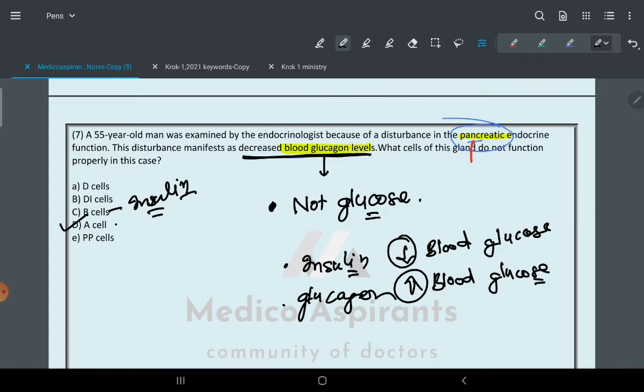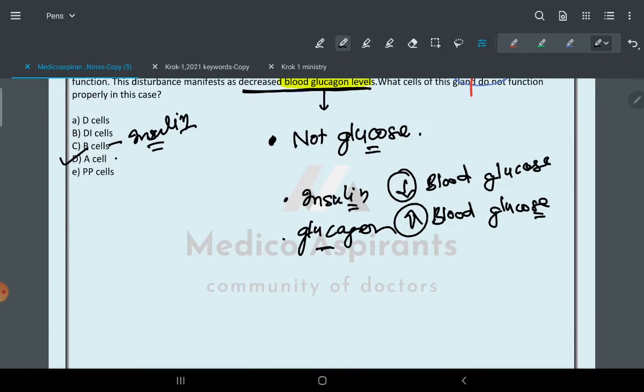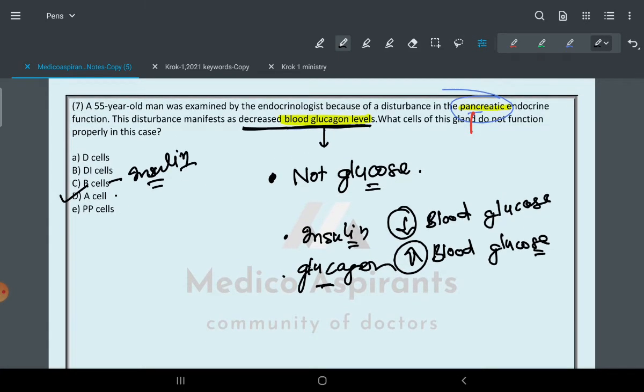So in this case, a decreased blood glucagon level simply means that blood glucose level will not increase. Okay, don't take it as a healthy one. Because blood glucose level will not increase, you might think it is not a diabetic condition. Actually, you need glucose molecules to perform normal function, so it is also a pathological condition.